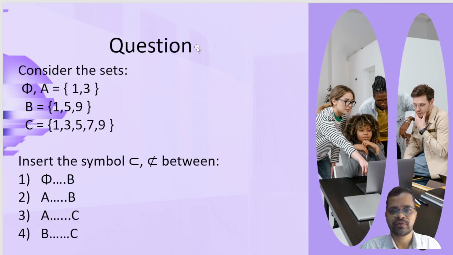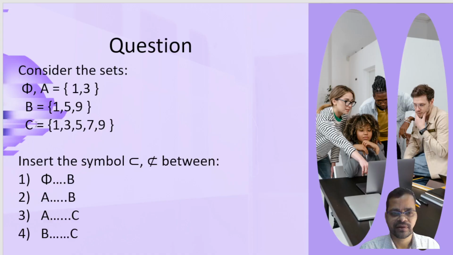Here we have formatted some questions for you, and through Q&A we'll understand the multiple concepts of set theory. So here consider the sets. The question says phi and A. Phi is null, or empty. A equals 1 and 3, which means 1 and 3 belong to set A. 1, 5, 9 belong to the set B, so the set name is B and it has elements 1, 5 and 9.